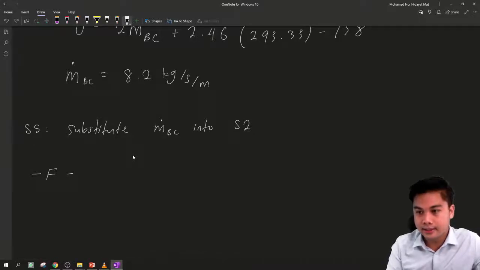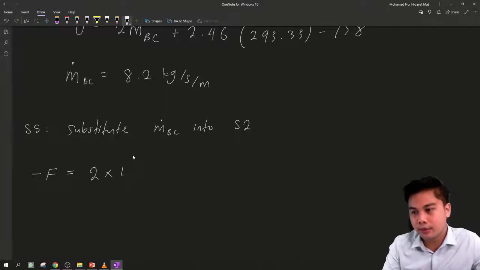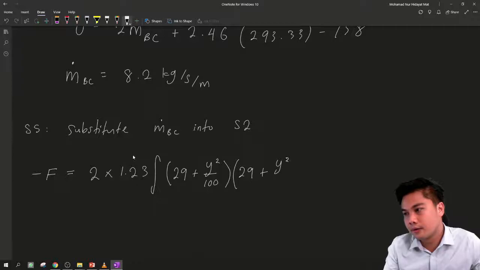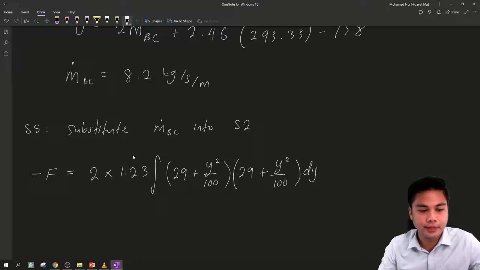I just write it here: 2 multiplied by density 1.23, integration of 29 plus y squared over 100. Remember, this is to the power of 2. Better we expand it further, 2 times. This is still dy.